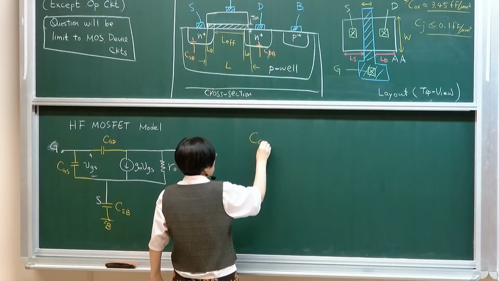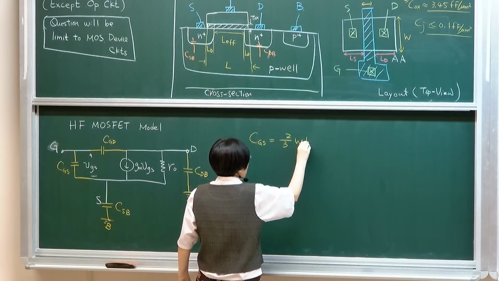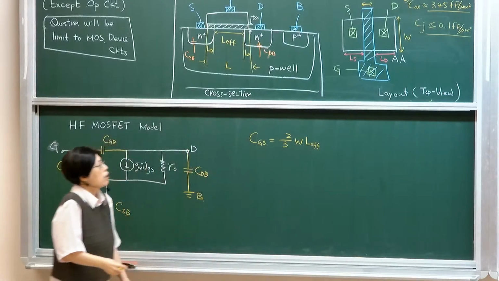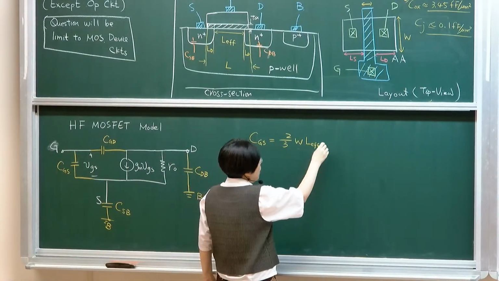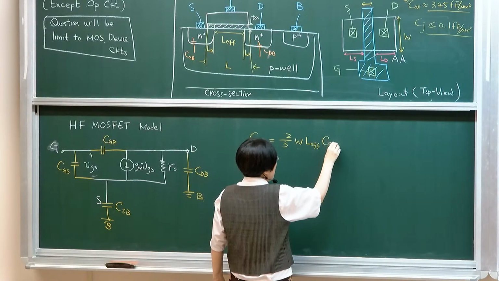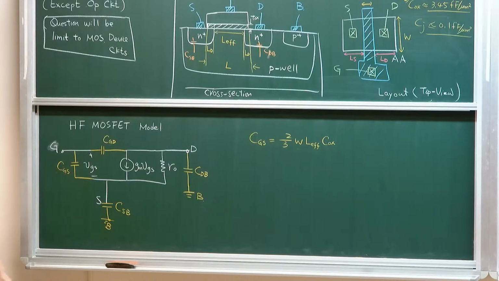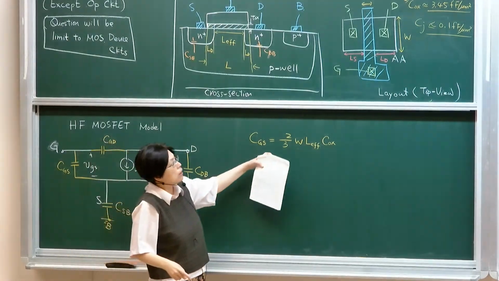CGS, we already derived that the 2/3 WL is supposed to be effective because this is the contribution from the channel. This is the area of the capacitance, and unit area of capacitance is Cox. Plus, if I give you that number, you should be able to calculate.